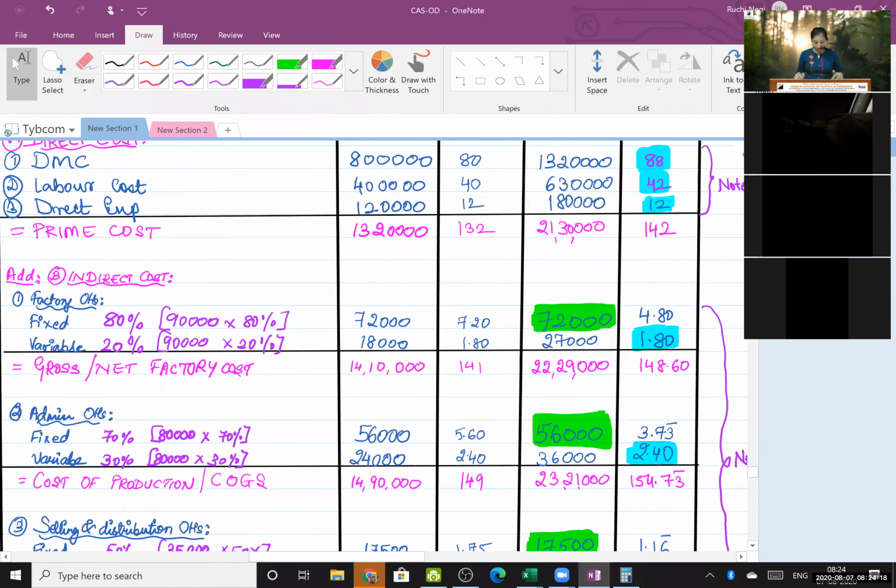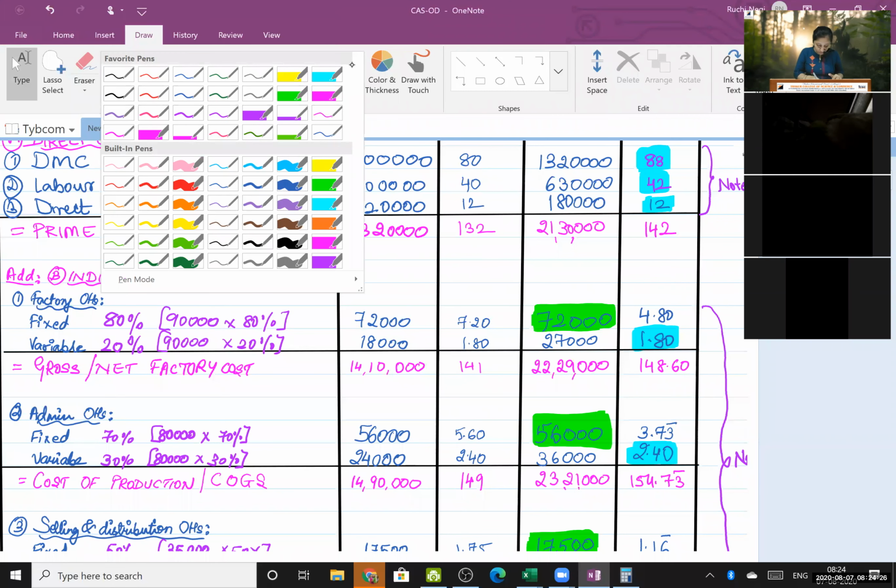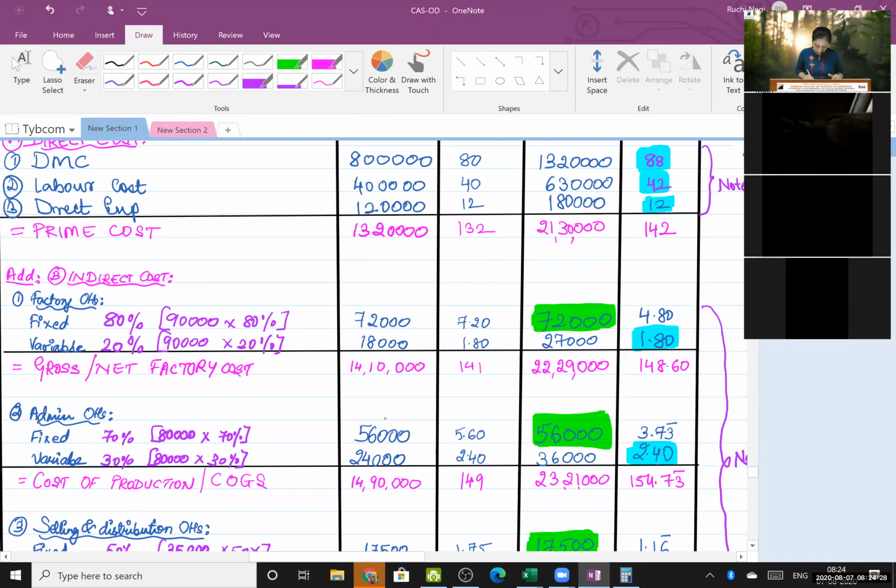Then similarly for admin overheads, the part which is fixed, the amount column will remain the same, and the part which is variable, the CPU column will remain the same.